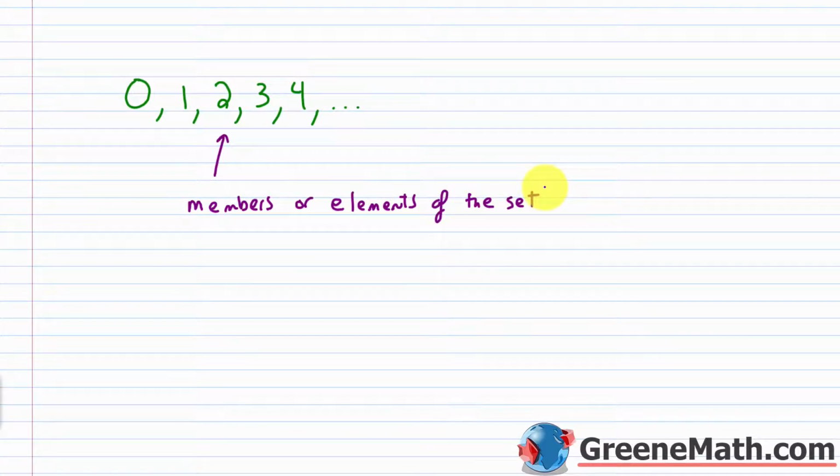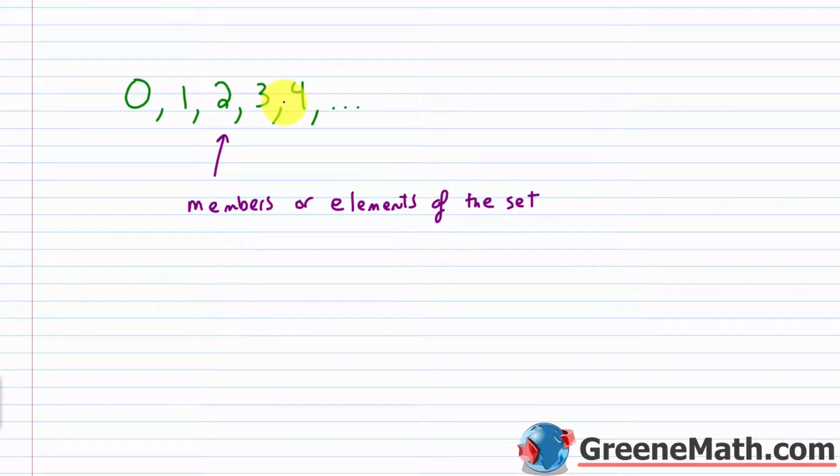And like I said, it should be clear whether something is in the set or not in the set. So as an example, if I asked you, is -5 a member of the set of whole numbers, you would say no, because the whole numbers start with 0 and increase in increments of 1 indefinitely. So that doesn't fit that profile or that definition. So it is clear that -5 is not a member of that set.